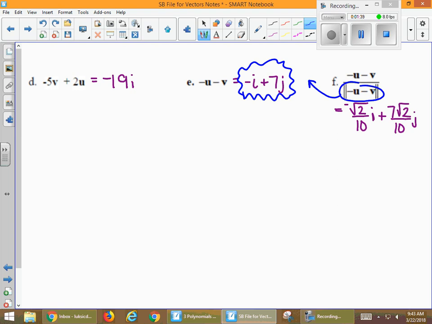So the magnitude there is the square root of -1 squared plus positive 7 squared. I saw some square root of 50s as I was coming around.